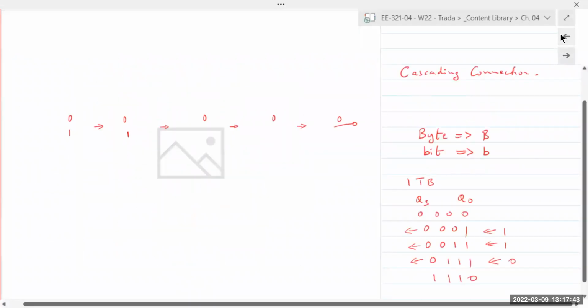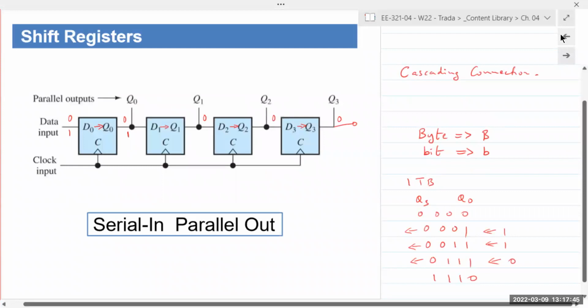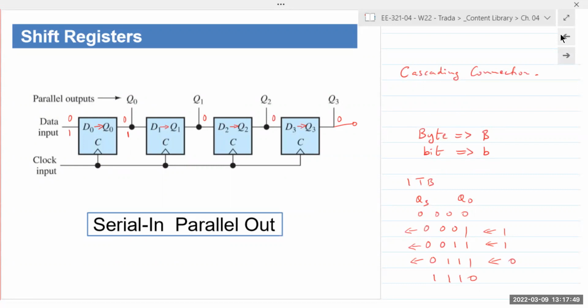Here the clock input is the same for all. A shift register is just the data, the delay, that is coming in. Here the clocks are cascaded. The clock input just goes to the first flip-flop, and its output goes to the next clock. So it's different from the shift register.